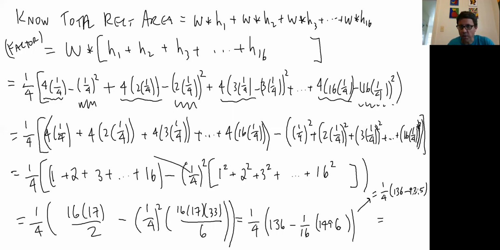So look at all this stuff; all of this comes down to just this one little calculation here. So 136 minus that number divided by 4 turns out to be 10.625.